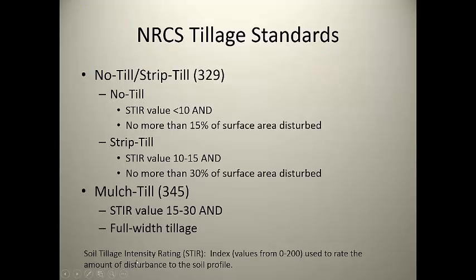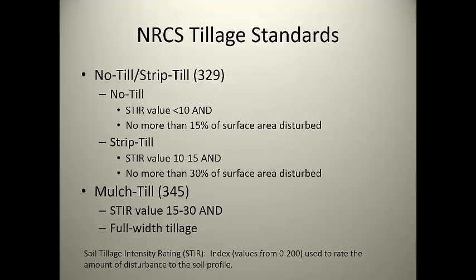Just very briefly, let me talk about the NRCS tillage standard, no-till, strip-till 329. Within the standard, we have a stir value of less than 10, okay, in order to meet no-till.